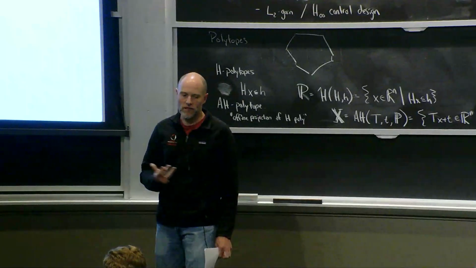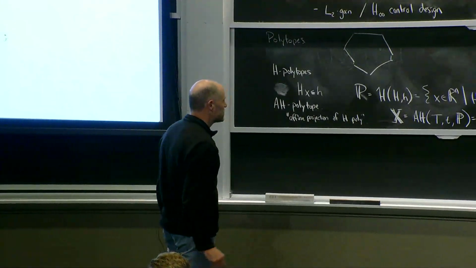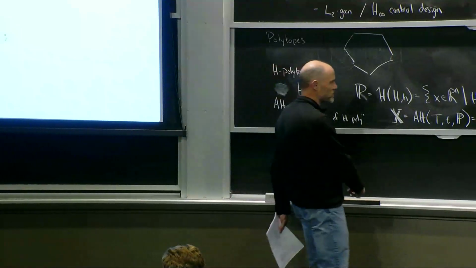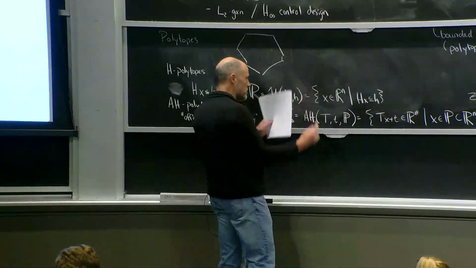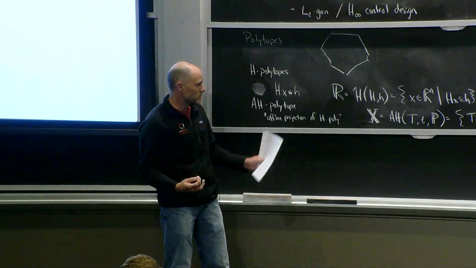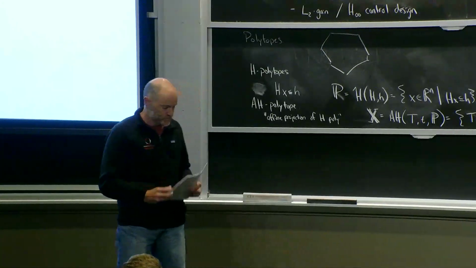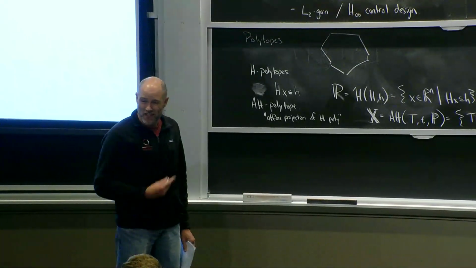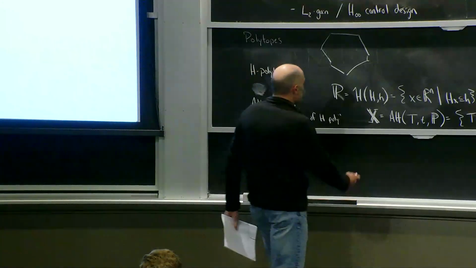So you'll hear a lot of things in controls about zonotope math, because that's the simplest case of this, where you just take the unit box and you shove it around, scale it, shift it. But in general, you can start with any polytope. Is that definition, that notation, clear enough?